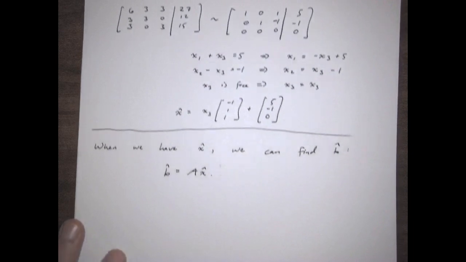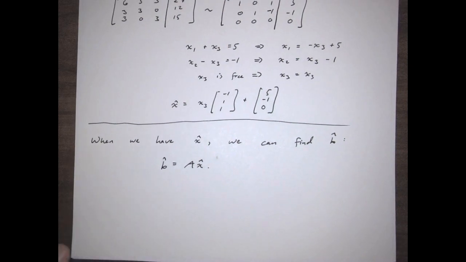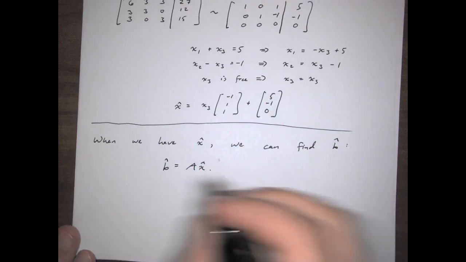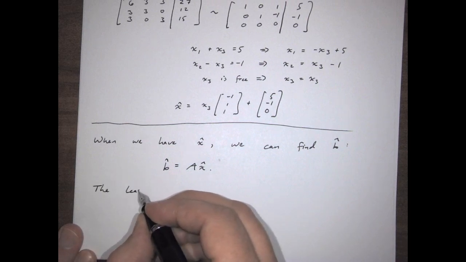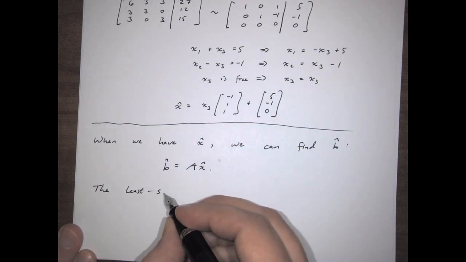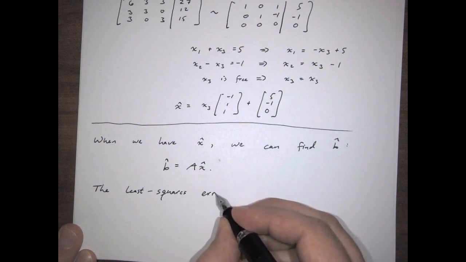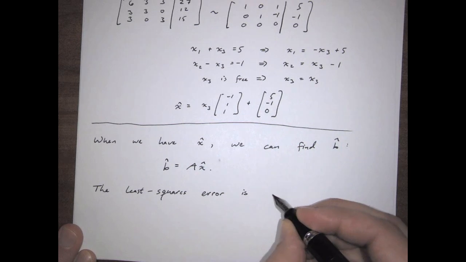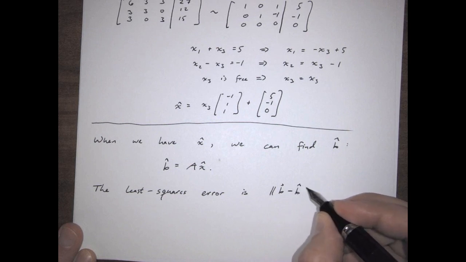So x hat is the closest x there is to solving the equation, and b hat is its best attempt at actually getting a solution. So then the least squares error is equal to the magnitude of b minus b hat.